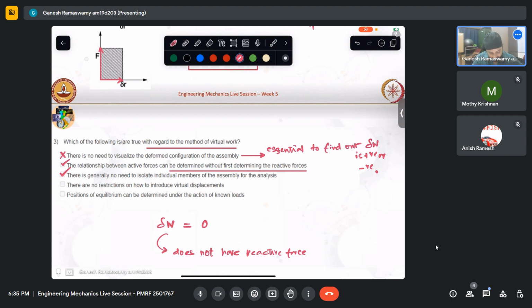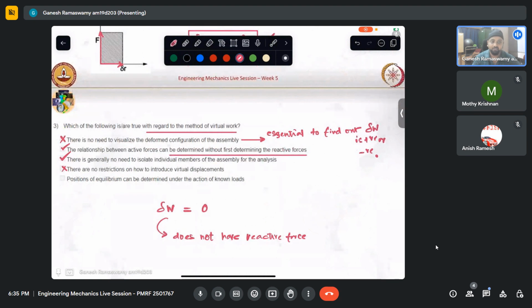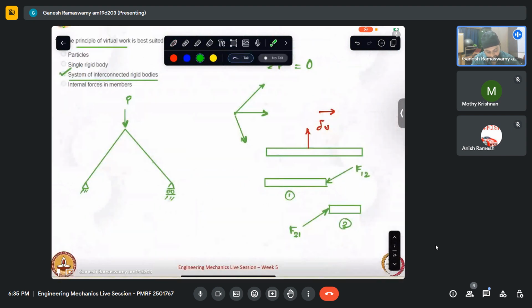There are no restrictions on how to introduce virtual displacement. We have discussed this enough that it should be consistent with the constraints of the system. We should respect the constraint of the system to solve that problem. Positions of equilibrium can be analyzed under the known loads. Yes. So for example, we saw this problem. Now, for some force, when will this come to a halt, or what will be the position of equilibrium is what we are trying to see.